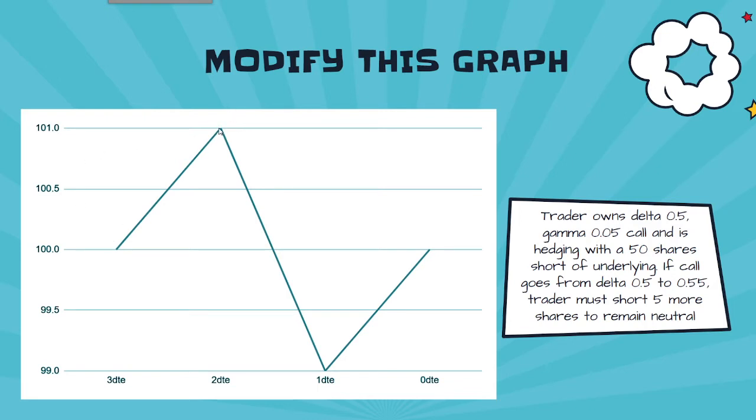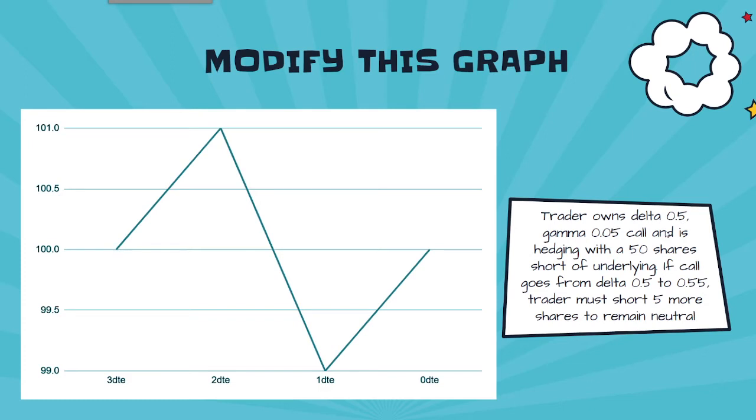Now, to hedge at delta 0.55, you have to short 5 more shares to remain neutral. So as the delta increases drastically, the market maker has to sell more of the underlying, and that's why price comes back to its pin. Okay, so this option at 0.5 is strike 100.